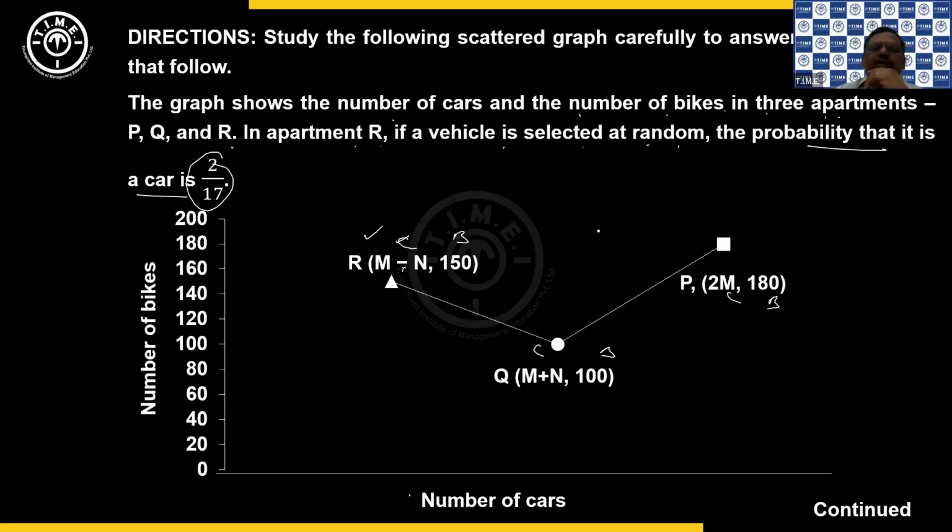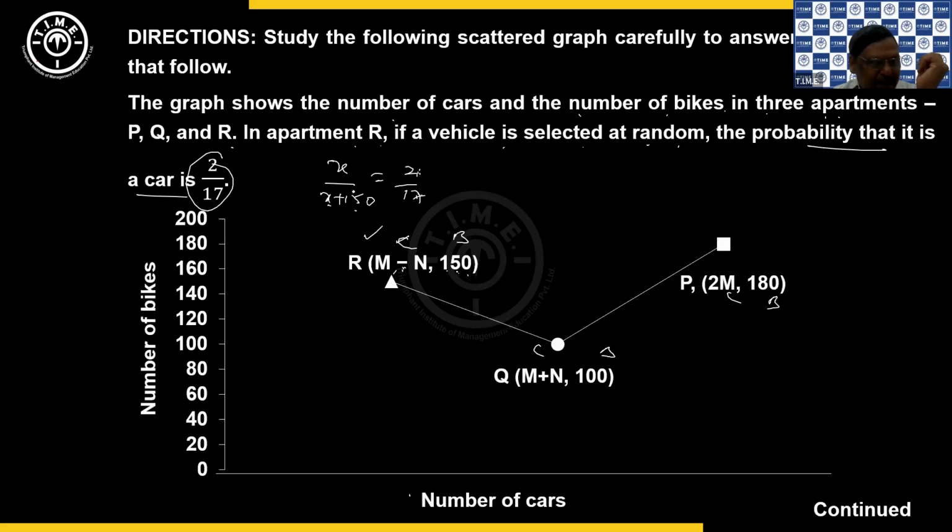So friends, probability of picking up a car, suppose there are X cars, so X by total X plus 150, because bikes are 150, equals 2 by 17. You can easily say there are 15 shares gap between 2 and 17.